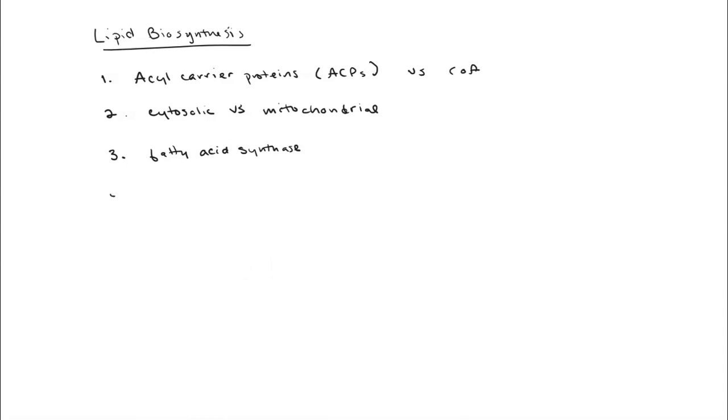And then finally, fourth, coenzymes for oxidation-reduction reactions in fatty acid synthesis are NADP+ and NADPH, whereas degradative processes involve NAD and NADH.